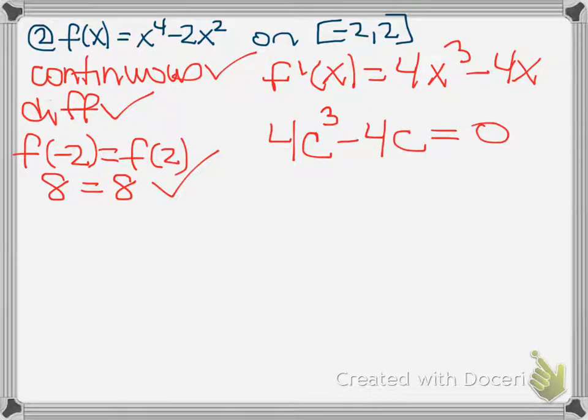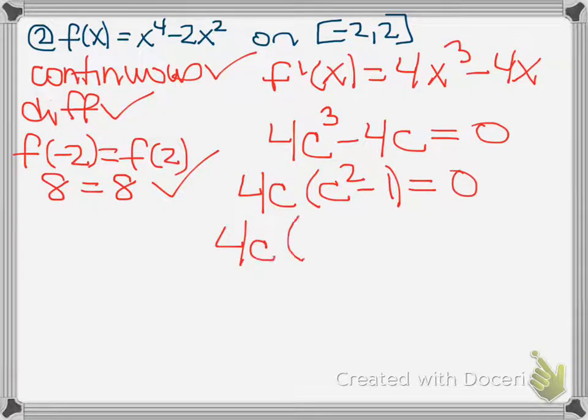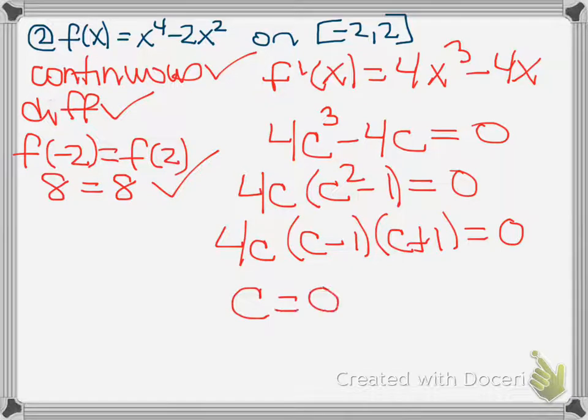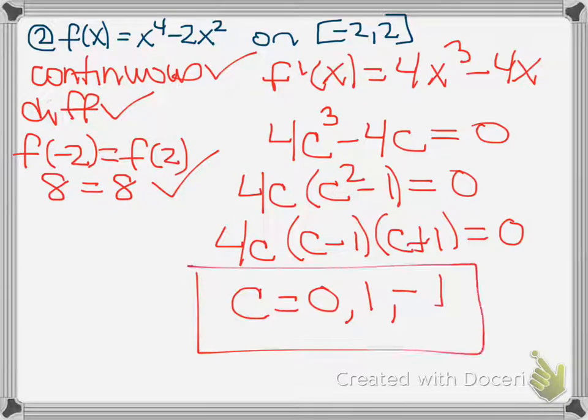How do I solve this? Well, factor out the GCF. Left with C squared minus 1. Factoring that, C minus 1, C plus 1. And so we get that C equals 0, 1, and negative 1.